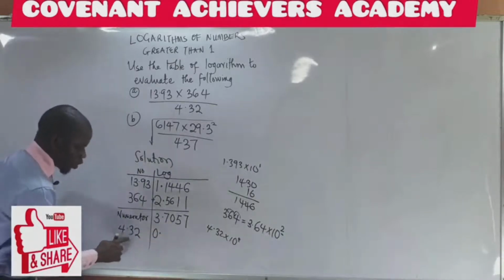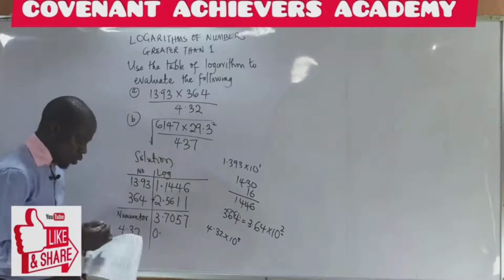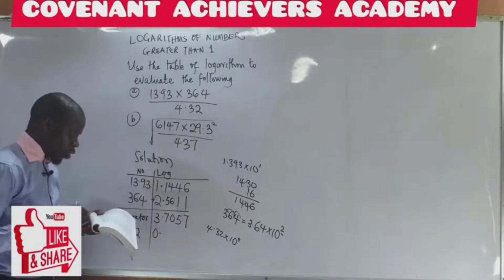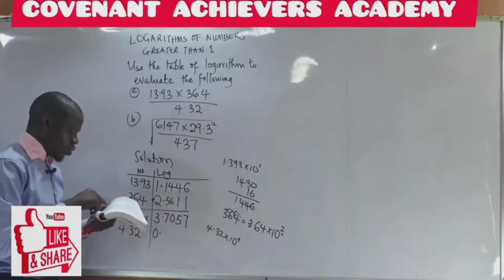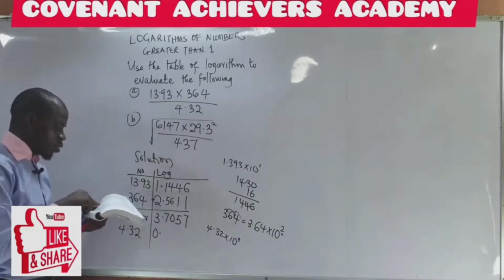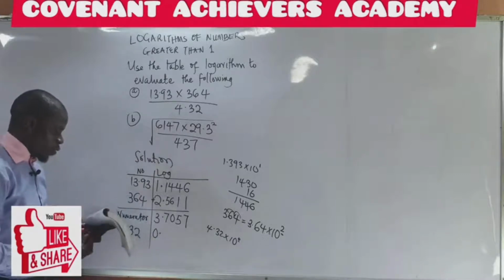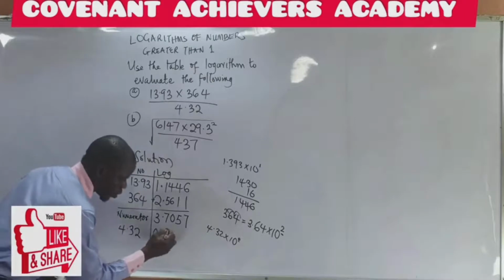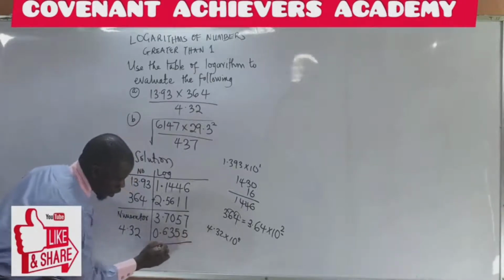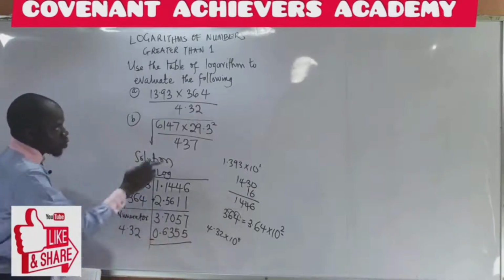This is 43 under 2. Let's check it correctly. 43 under 2. That's 6355. Then you are going to minus, because you are dividing here.